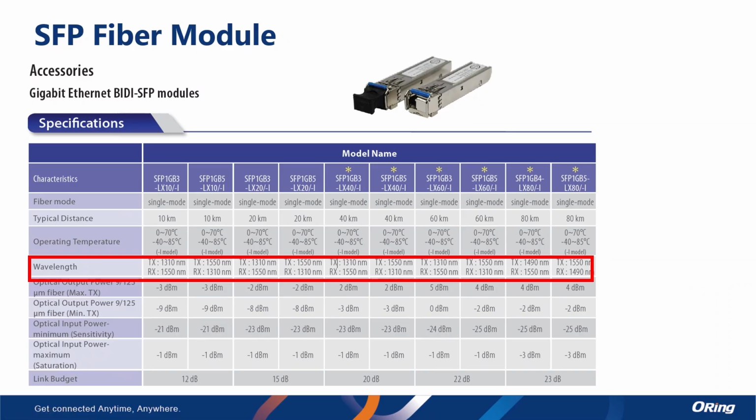Okay, the next one is the SFP fiber module for BD, or bidirectional. The difference is in the wavelength here. They have different transmitter and receiver wavelengths.